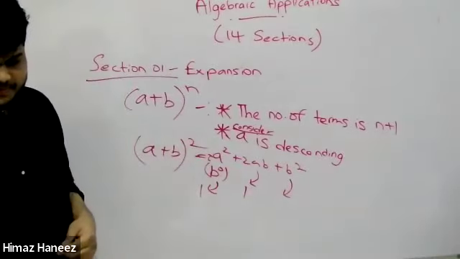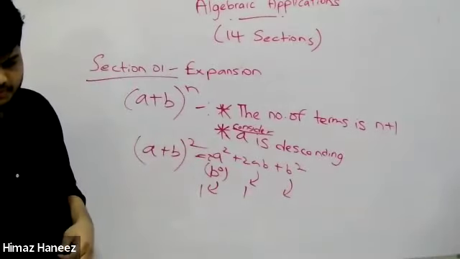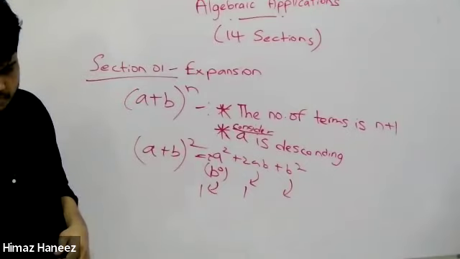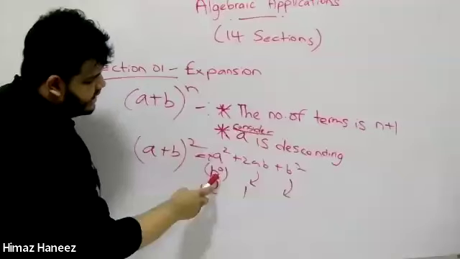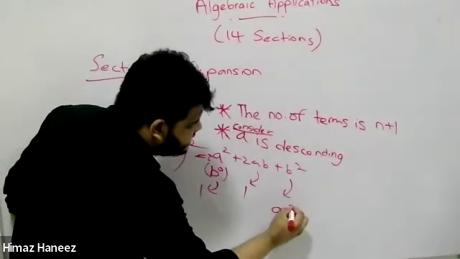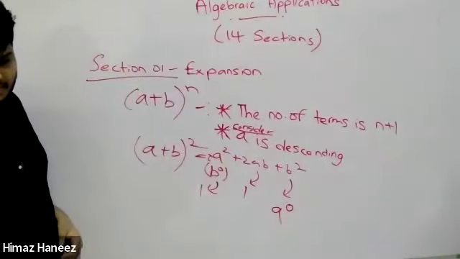The last term. Yeah, there's no a, but I told you, right? b to the power 0, then here also you have a to the power 0. Then the power of a is 0.